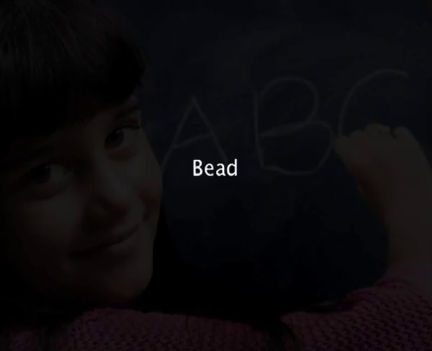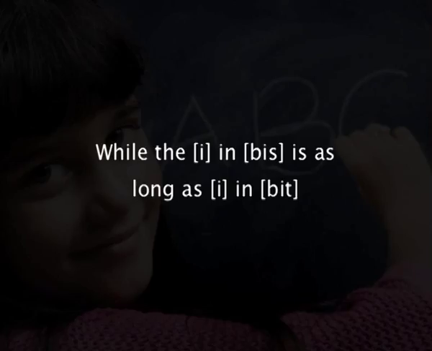In bead, the sound E is before the voiced consonant D, and therefore it requires 1.5 times longer duration than the same vowel before a voiceless consonant, as in beat, where the sound E precedes the voiceless consonant T, while the E in bees is as long as the E in bead.